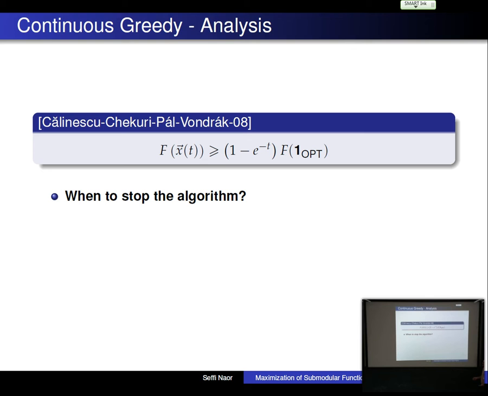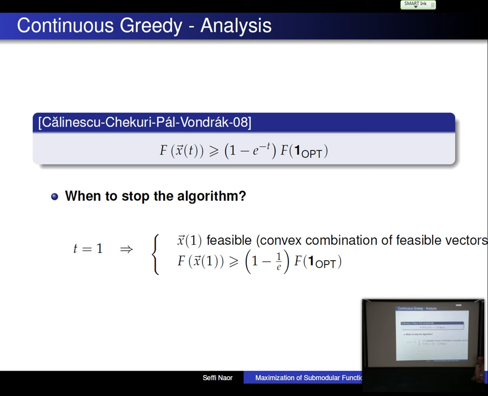Now a natural question is, when do we stop the algorithm? By definition, any point that the algorithm yields while running is a combination of feasible directions in the polytope.